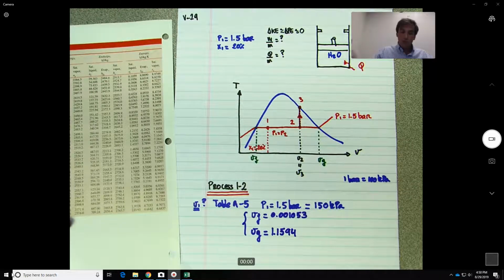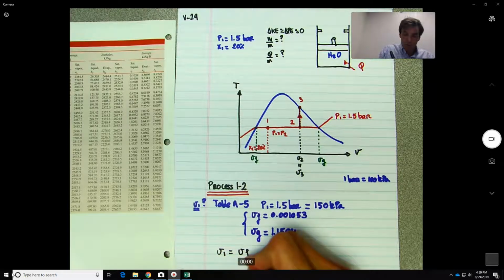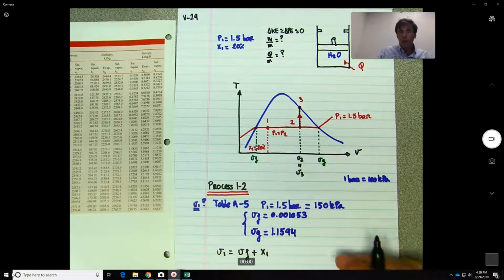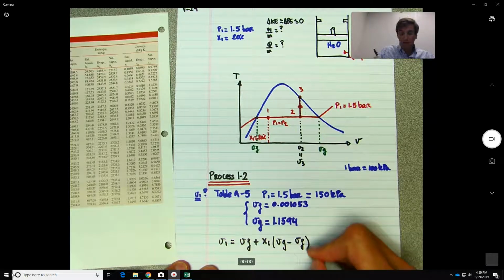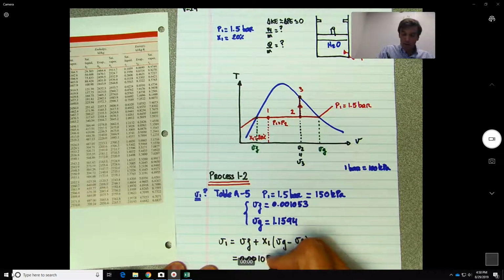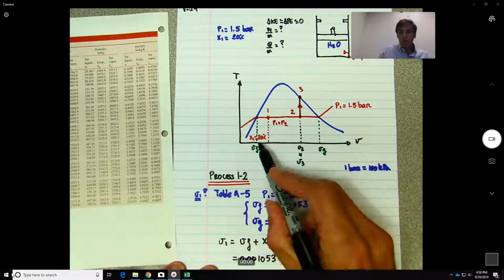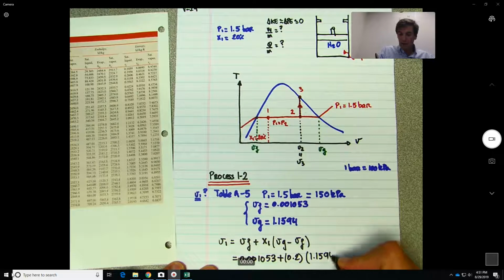Okay, so now using the relation v1 equal to v fluid plus x1 times v gas minus v fluid, what do we get? So v fluid is 0.001053 plus x1 is 20% or 0.2, times v gas 1.1594 minus 0.001053.